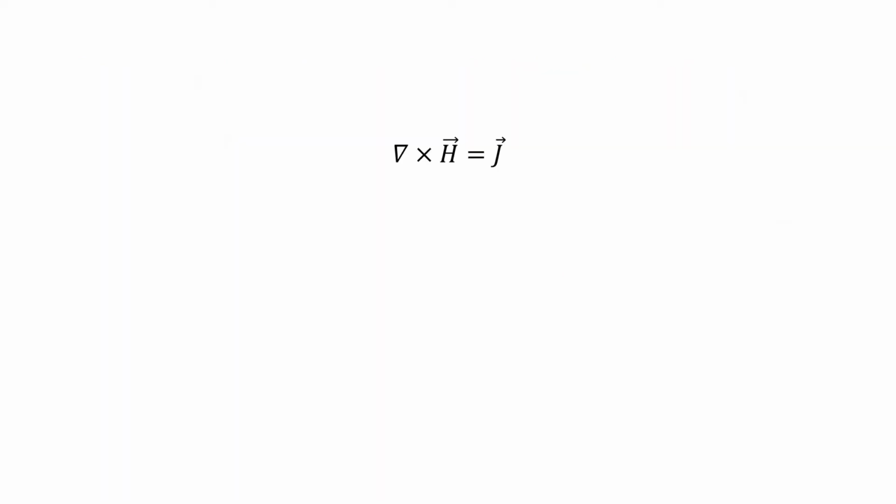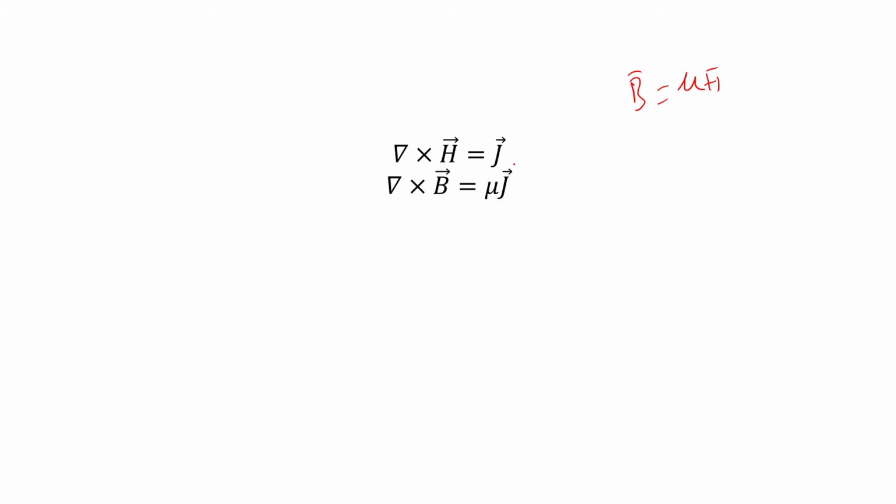Similarly, in the case of magnetic fields, we have del cross H bar equals J bar. But we know that B bar equals mu H bar.